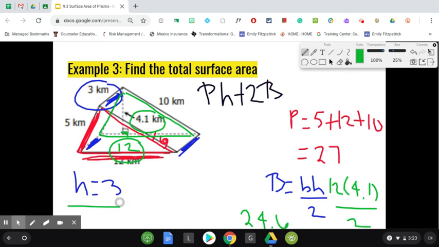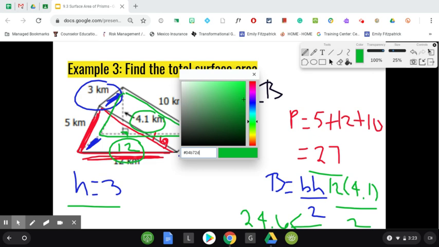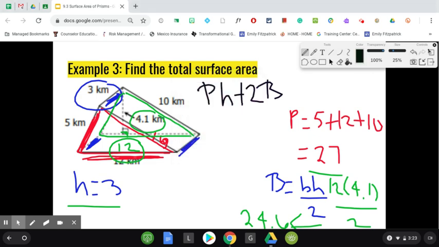So then we're going to plug all three of these numbers into the formula. Let me change the color back to black. So the perimeter was 27 times the height, which was 3, plus 2 times the area of the base, which is 24.6. I'm going to type that into our calculator.